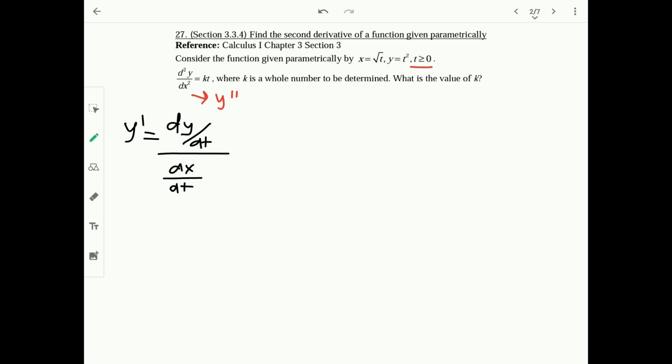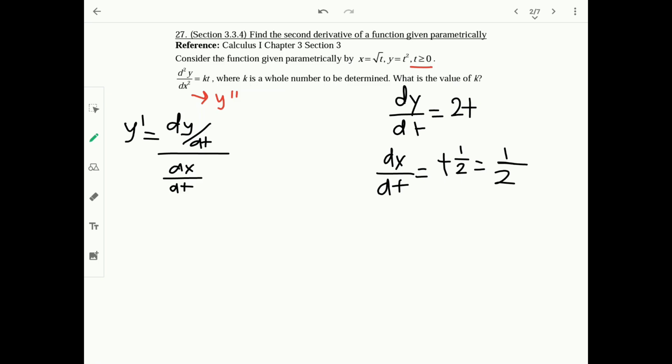So let's find dy by dt. That's the derivative of y, so that's 2t, and dx by dt is half t to the power of minus half, right? Yes, that's correct. Now we just have to do 2t over half root t.